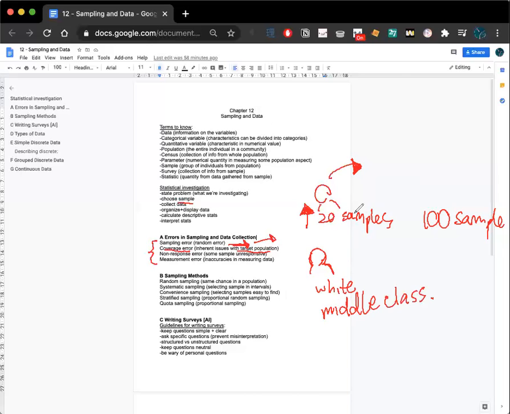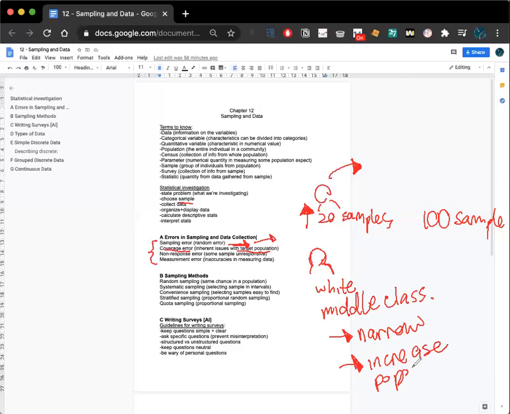And there are several ways to counter this. Some of the ways you can counter it is to either specify or narrow down your target population. Or if you don't want to narrow down your target population, another way that you can deal with it is to increase the population sample.